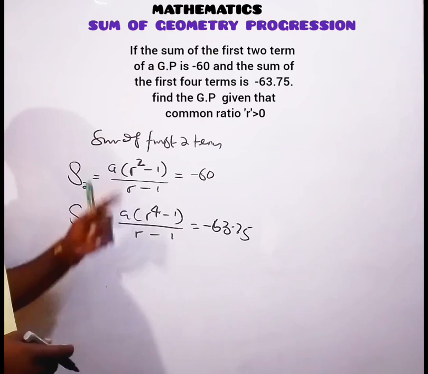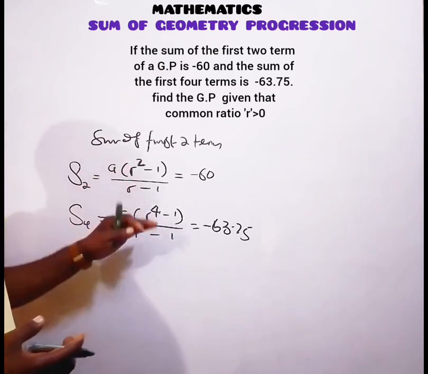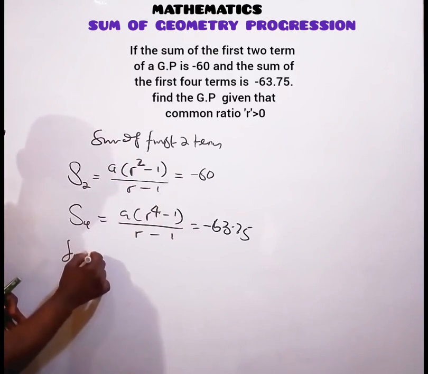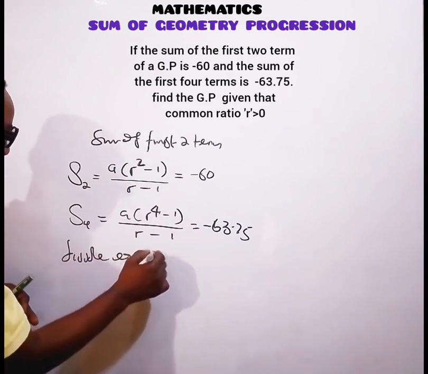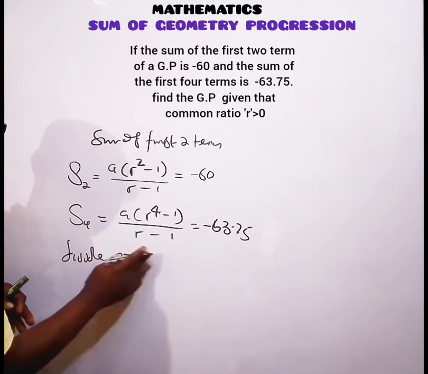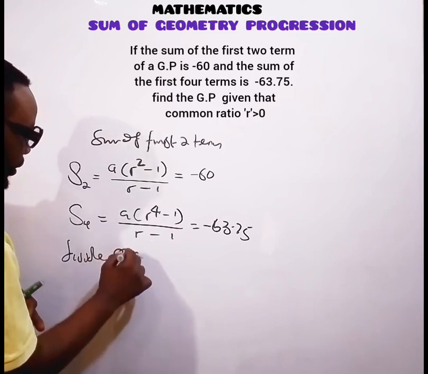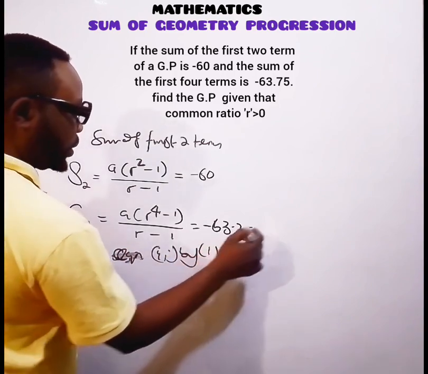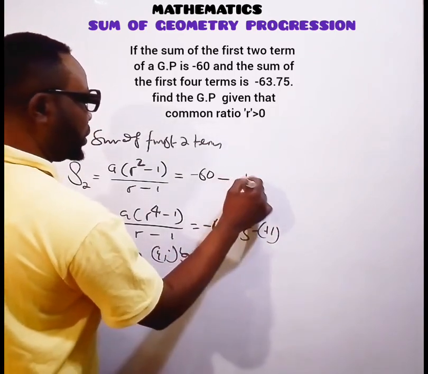Let me now divide these two pieces of information by one another. I can now say, divide equation 2 by equation 1. So I call this equation 2, I call this equation 1.